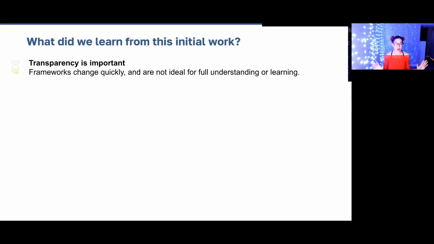And so what did we learn from this initial work, to step back even more? The first is that transparency is immensely important. When we initially started, we started using frameworks like AutoGen, like LangChain. And what was troubling about that is that you can read the code a lot, but there becomes a moment where you feel like a lot of it becomes a black box.